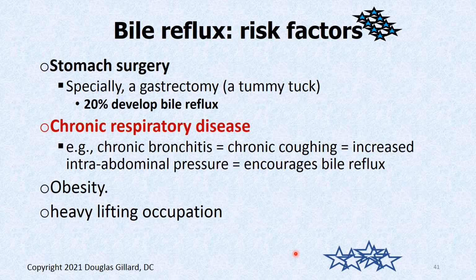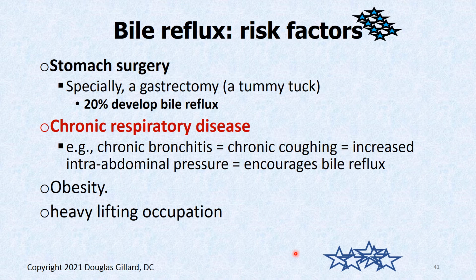All right. So what are some other risk factors for bile reflux? Stomach surgery, especially a tummy tuck, gastrectomy. About 20% of them develop bile reflux because of this. Chronic coughing diseases, COPD, obesity, anything that increases the pressure in your stomach.